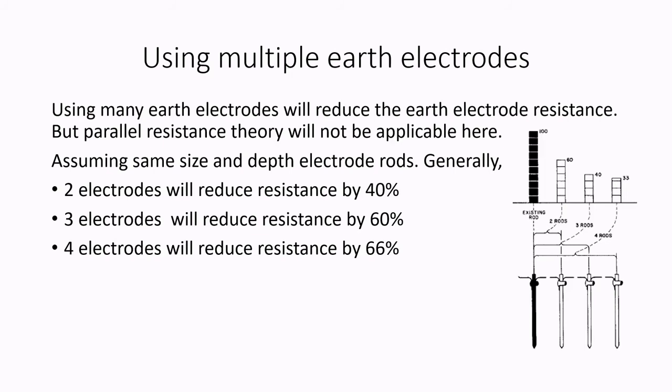The same principle can apply for earth electrode, but the parallel theory for resistors cannot be applied directly to take the measurements of electrode resistance. Normally, if you have 2 electrodes in parallel, you will reduce the resistance by 40%. If you have 3, you will reduce it by 60%. If you have 4 electrodes, you will get a reduction of 66%.